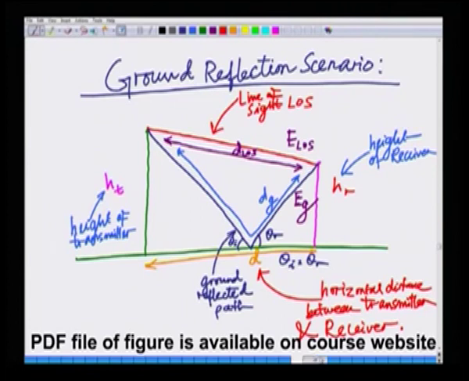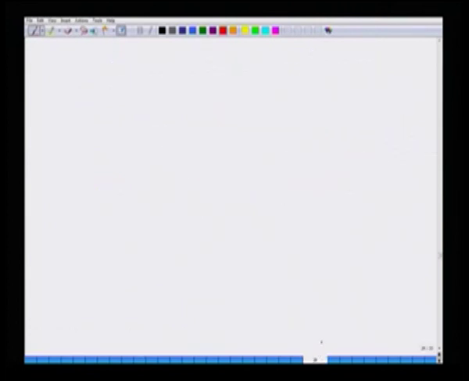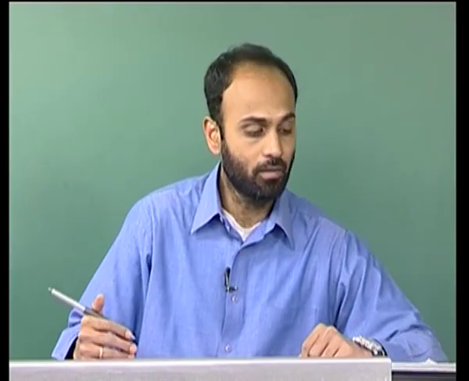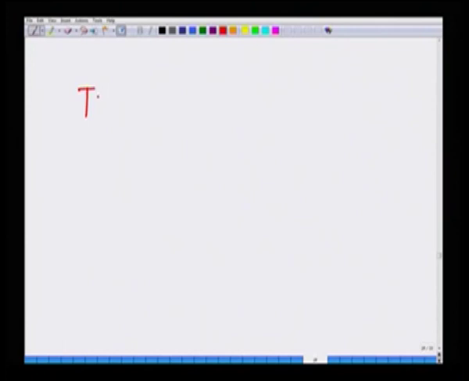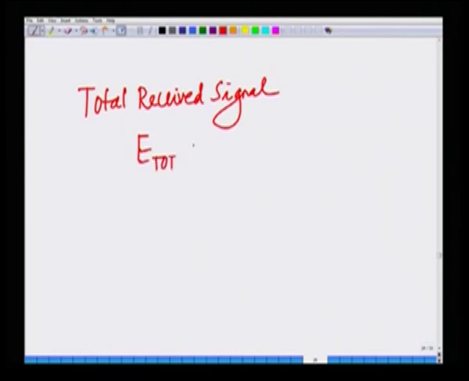Hence, what we observe is that we have two propagation paths, one is the direct path, the line of sight, and one is the reflected path. Hence, the total received signal is E total, which is equal to E line of sight plus E ground.